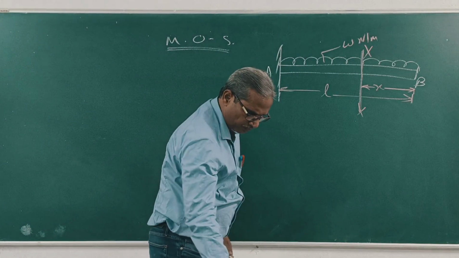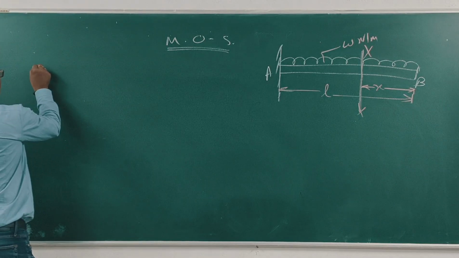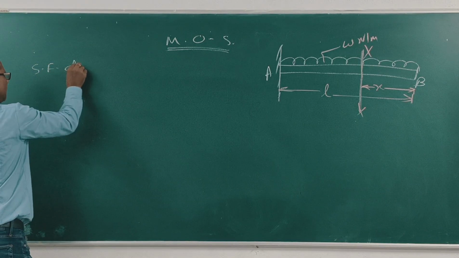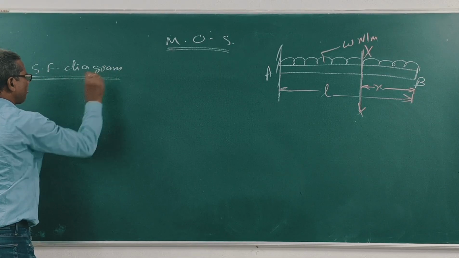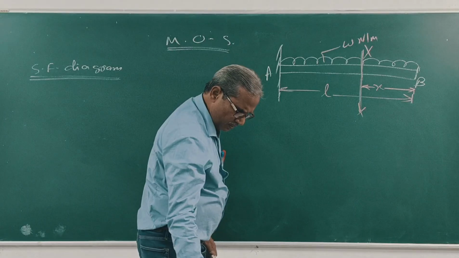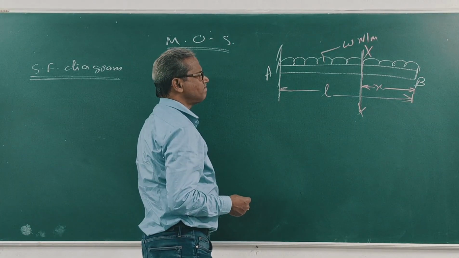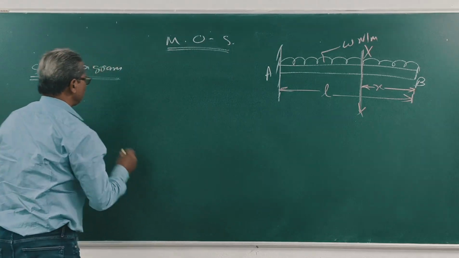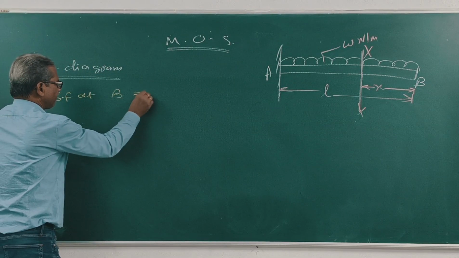Now, shear force diagram. At B, shear force is 0.